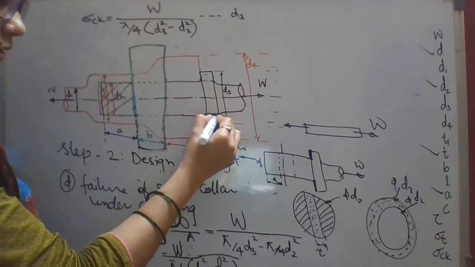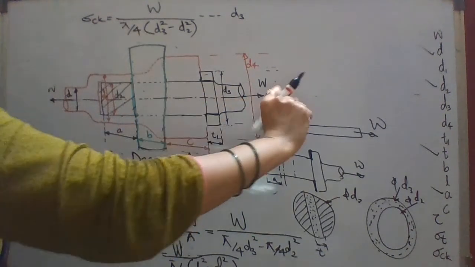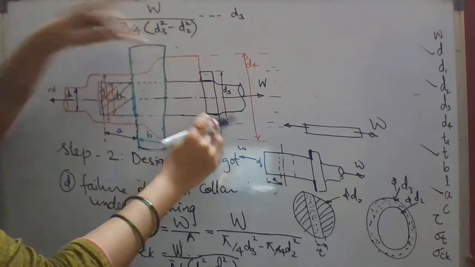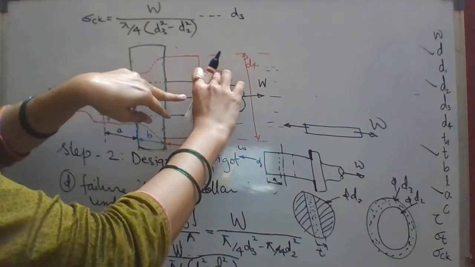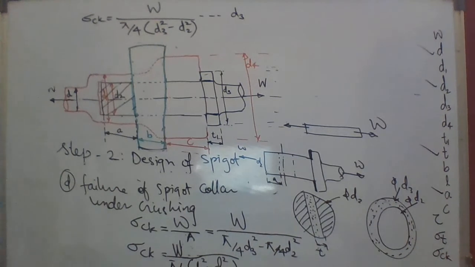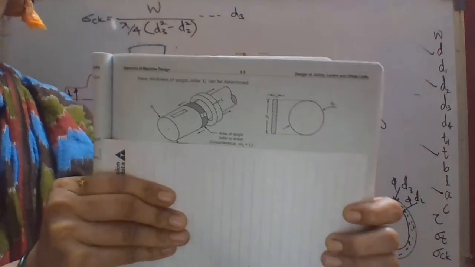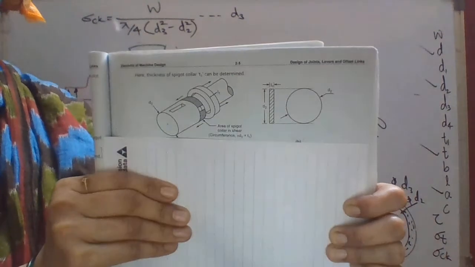This ring may shear off, where it will be pulled like this, and if the spigot fails, then this small ring will remain stuck here, and the rest will be displaced. So the plane which is under shear, you can see from this three-dimensional view given in the book, the plane which may shear, that area is cylindrical.